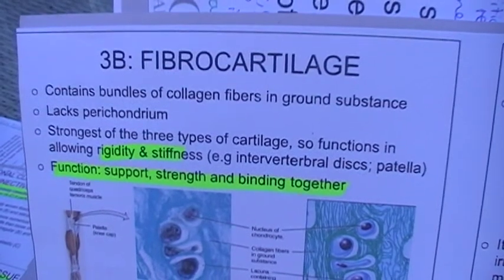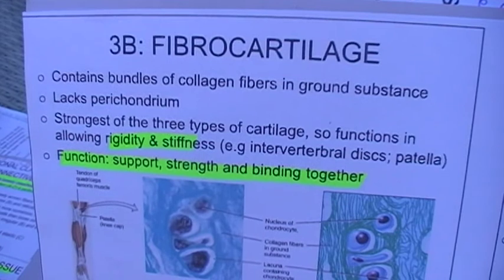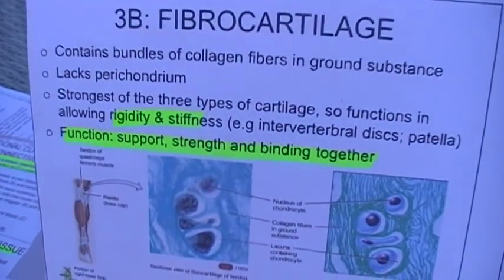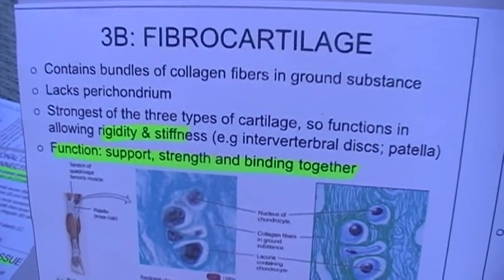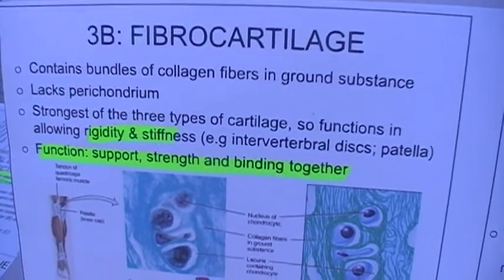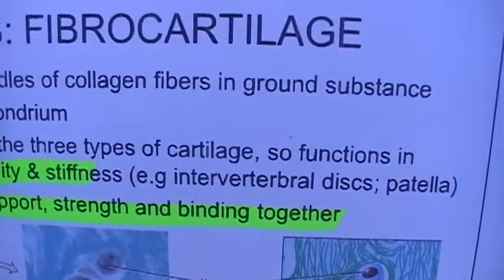Fibrocartilage lacks the perichondrium. It's the strongest of the three types, so it allows for rigidity and stiffness. Where do we need rigidity and stiffness?